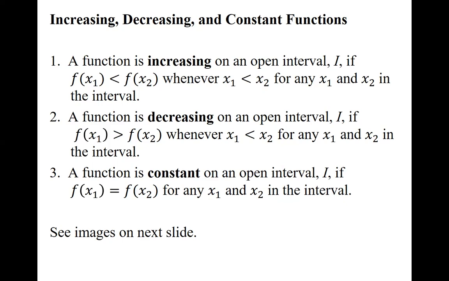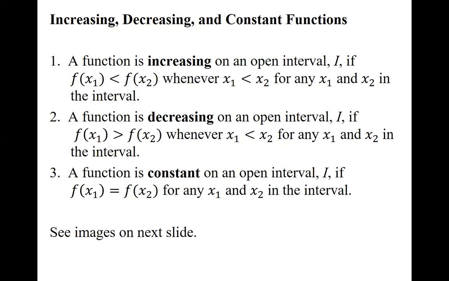It's actually quite simple. And we'll see on the next slide. But first, we've got to get through these technical definitions. A function is decreasing on an open interval I if f of x1 is greater than f of x2 whenever x1 is less than x2 for any x1 and x2 in the interval.